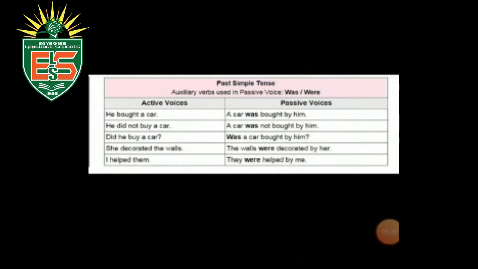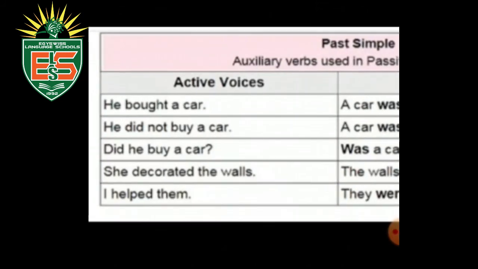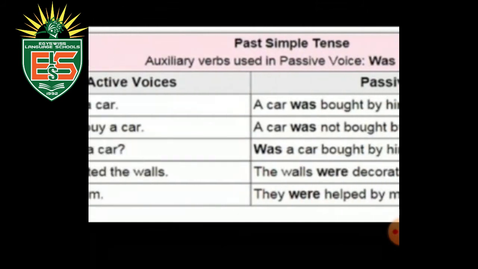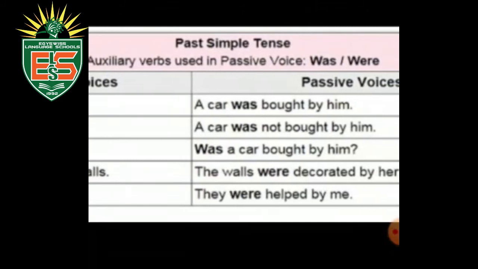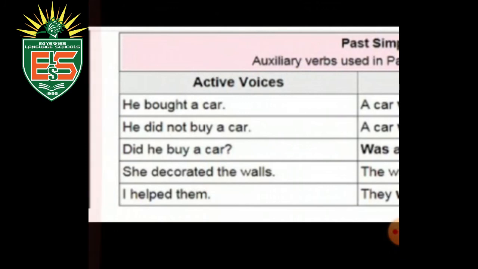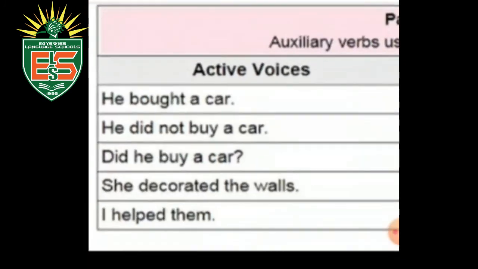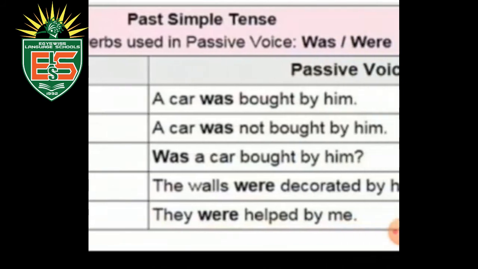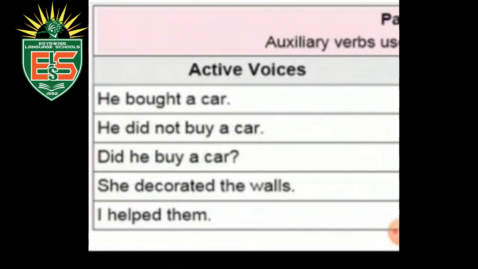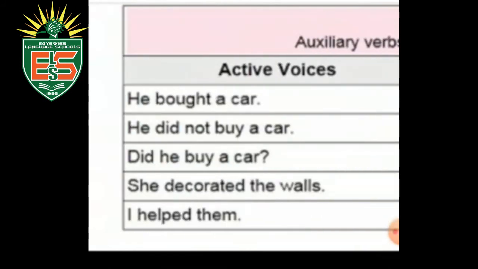Here I have some examples to turn the active voice into passive voice. He bought a car, a sentence in the past simple. So it's going to be a car was bought by him. He didn't buy a car. The answer will be a car was not bought by him. Did he buy a car?